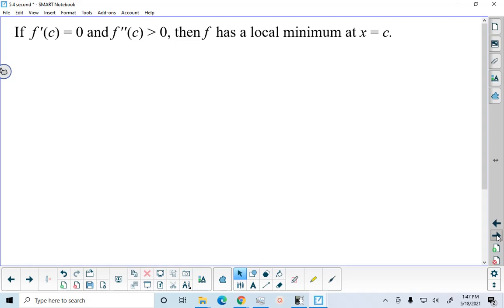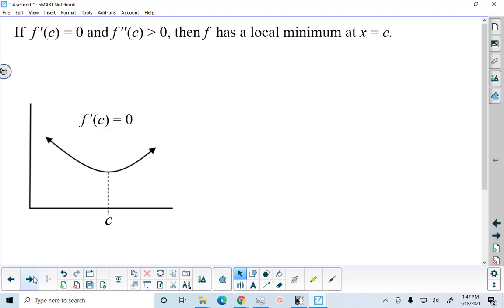So just to show you this, there's a graph at some value of c, and if I said to you, what is the derivative at that point, you would look at it and say, well, the slope of the tangent will be 0, so the derivative at that point is 0. If I said to you, what is the second derivative at that point, you would look at it and say it's concave up, so the second derivative must be positive.